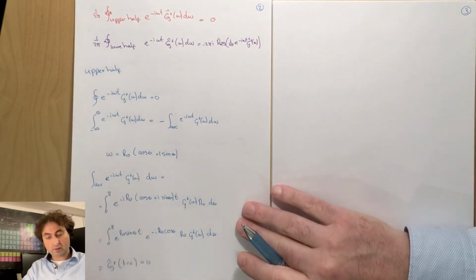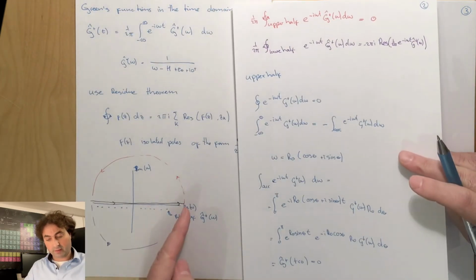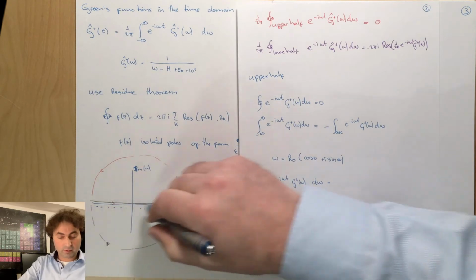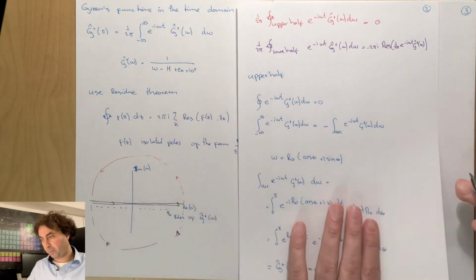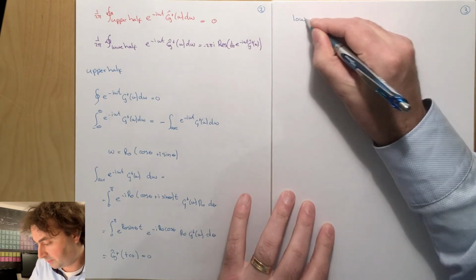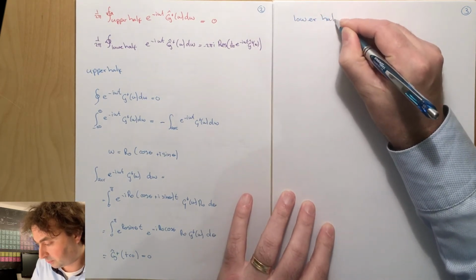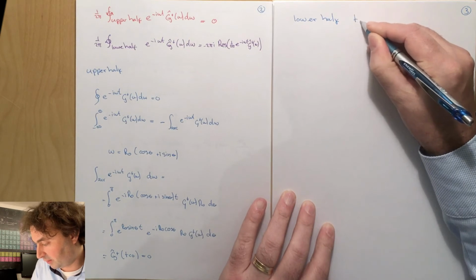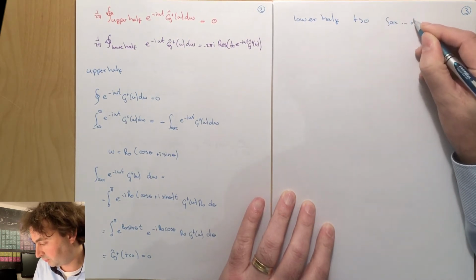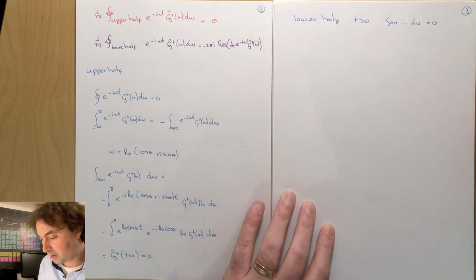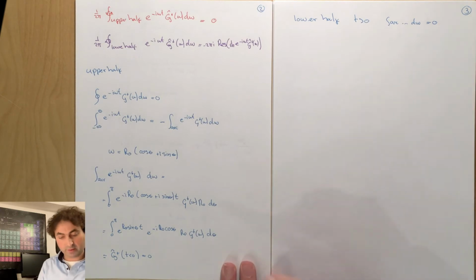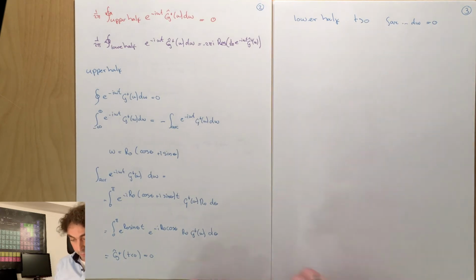For t larger than 0, however, we can have a look at the contour integral where we close our system in the lower half. Because we know that if we look at the lower half, then for t larger than 0, the integral over the arc is going to be 0, for the same argumentation that for t smaller than 0, the integral over the upper arc will be 0.